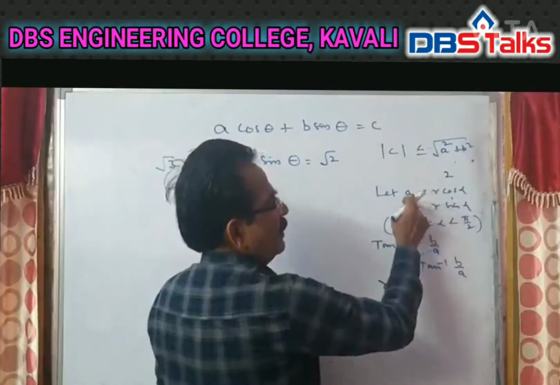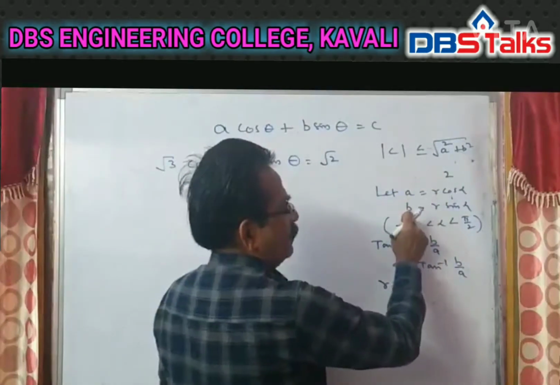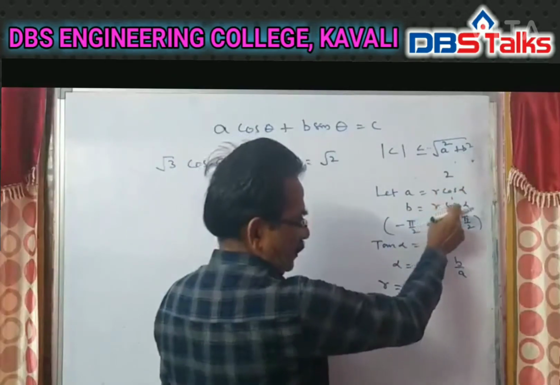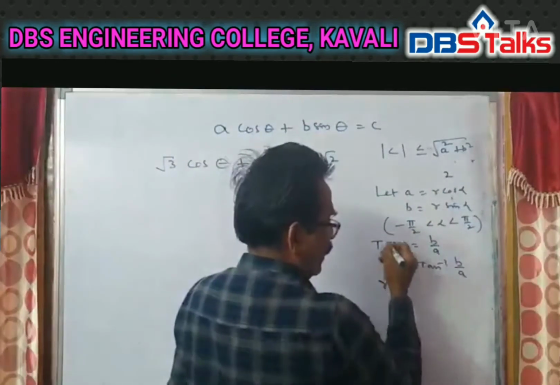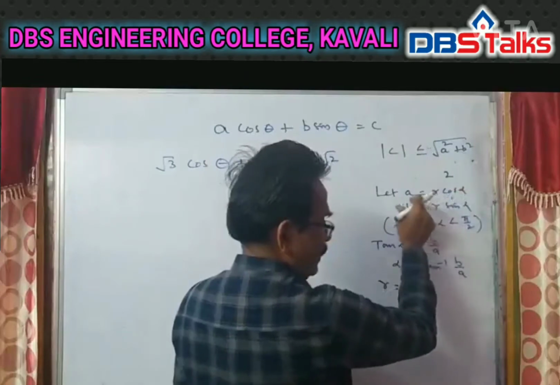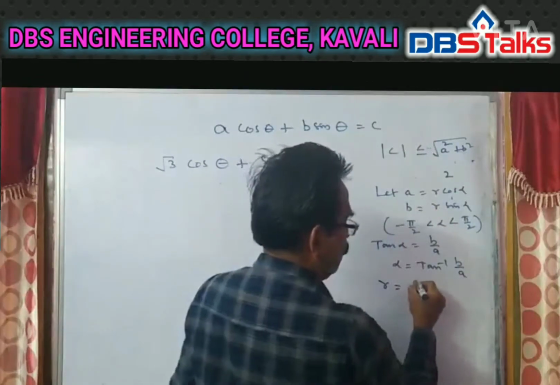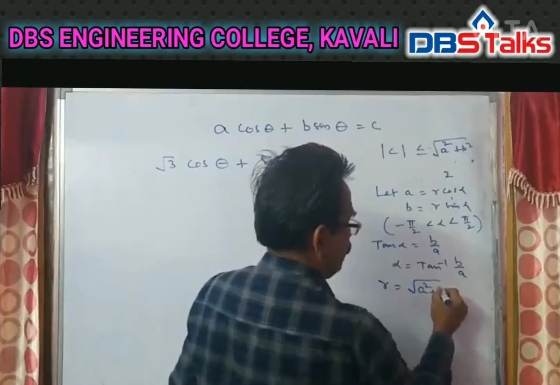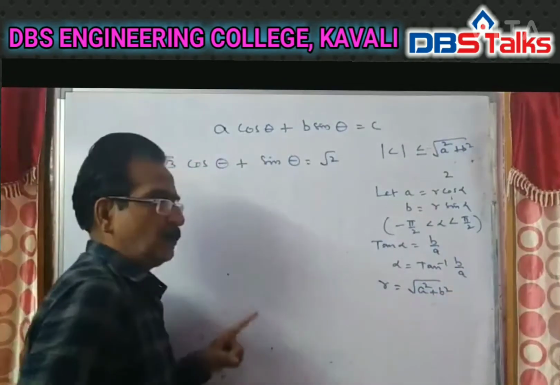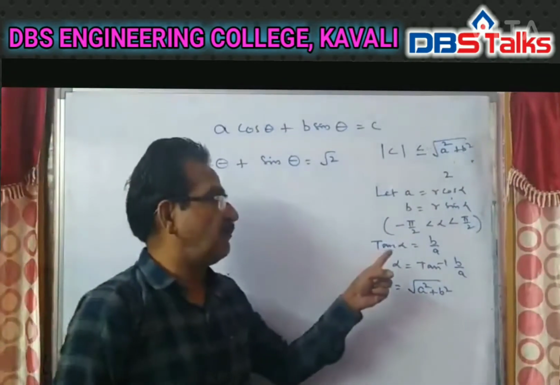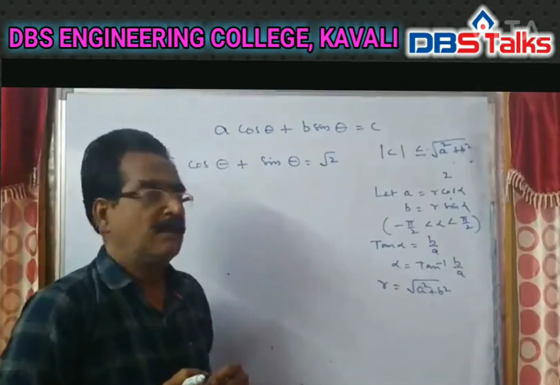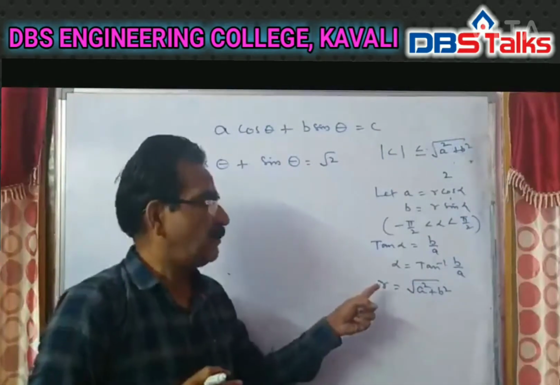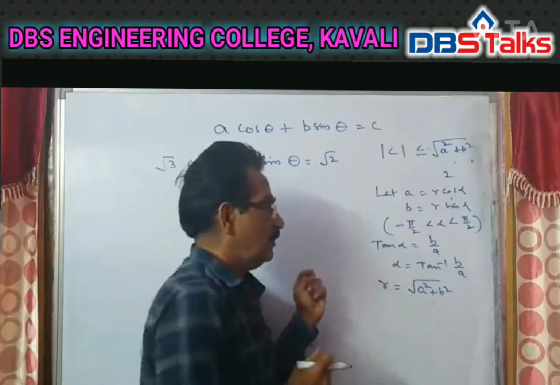See friends, a square plus b square is equal to r square cos square alpha plus r square sin square alpha, that is r square. So r square is equal to a square plus b square, and r is equal to root of a square plus b square. So you have to find two values: the value of alpha and the value of r.